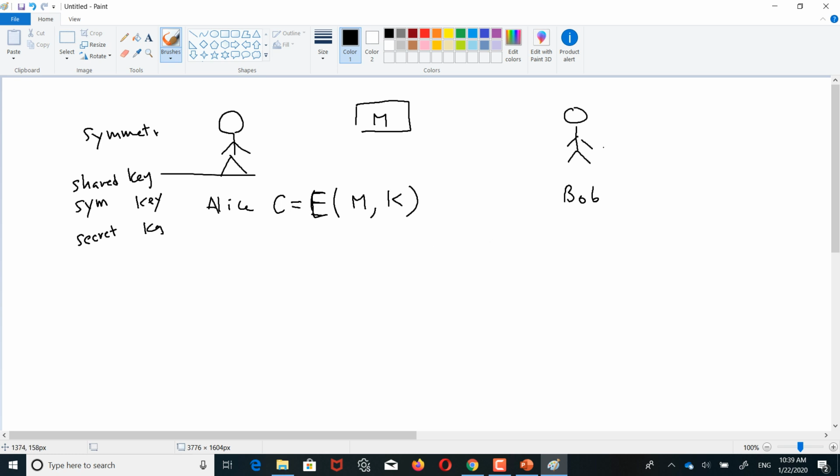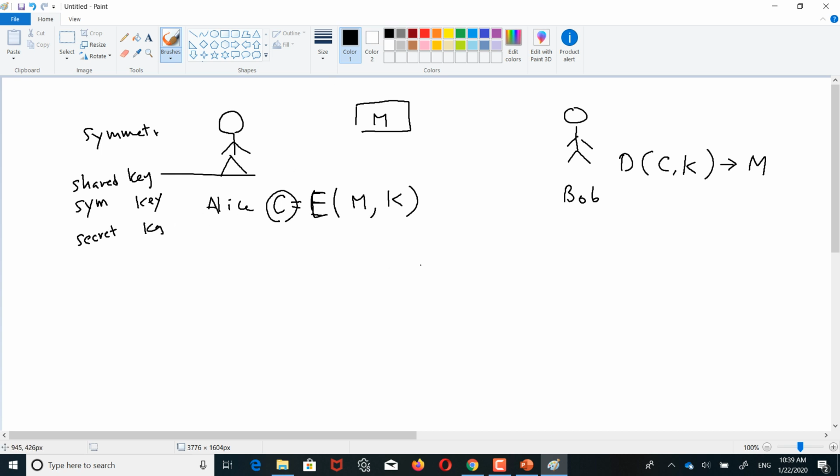And then Bob uses the same shared key to decrypt that ciphertext C, and then he can get the plaintext message. So that's the symmetric key case.